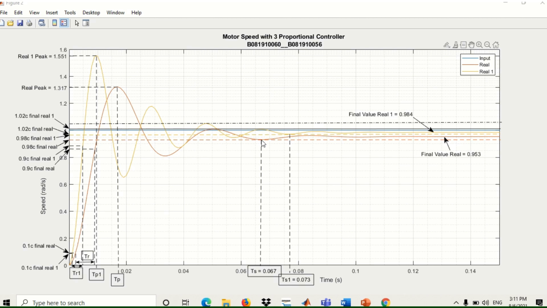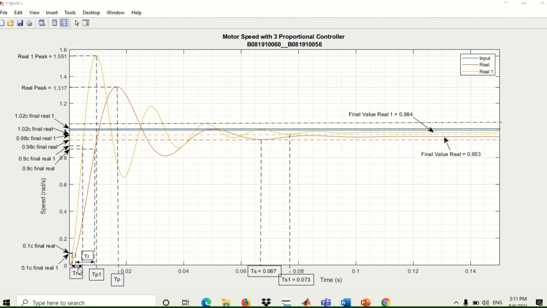So when it touches, then we get the line and then we label for TS. So this is TS for graph 3. TS for real is 0.067 second. TS for real 1 is 0.073.